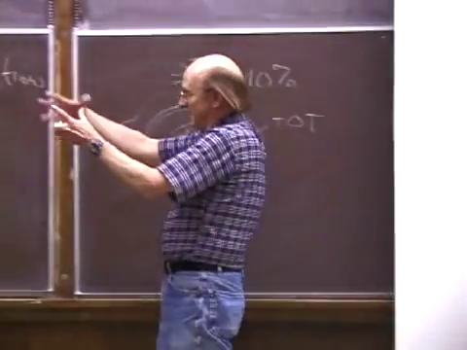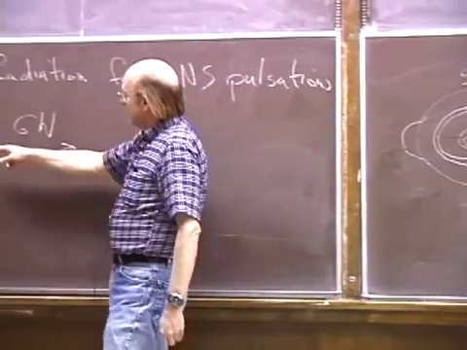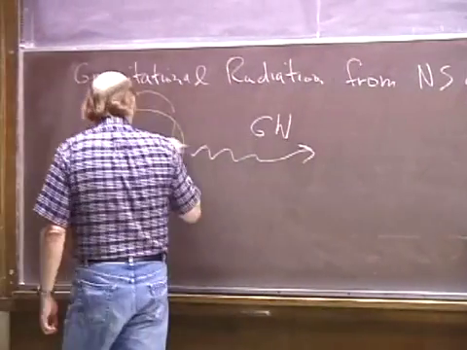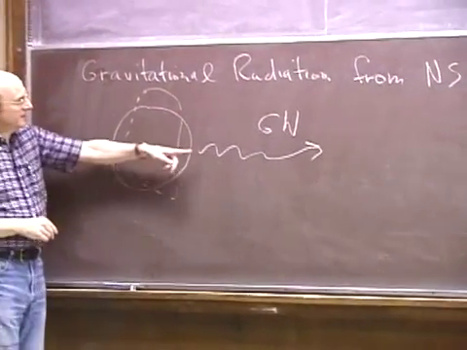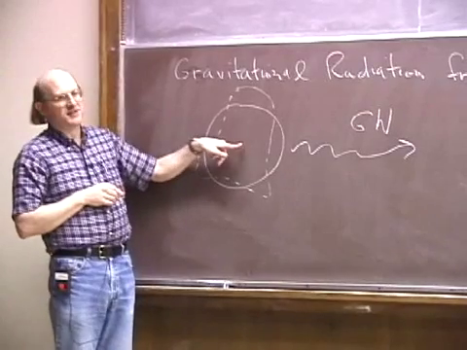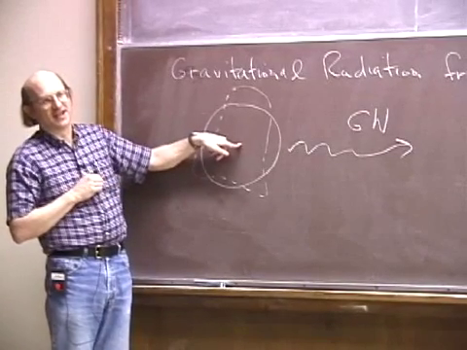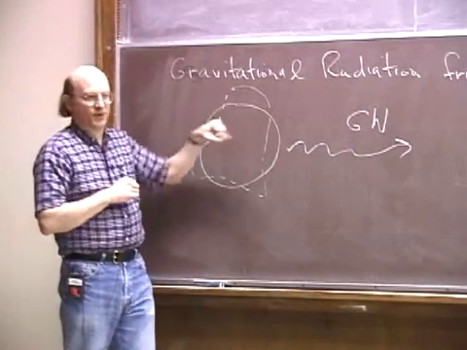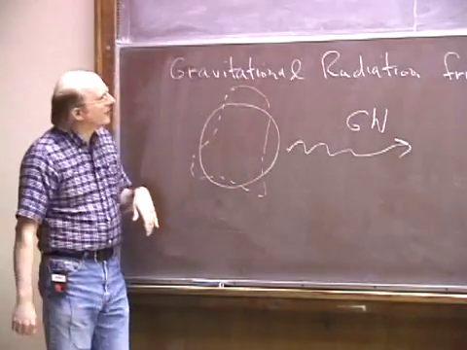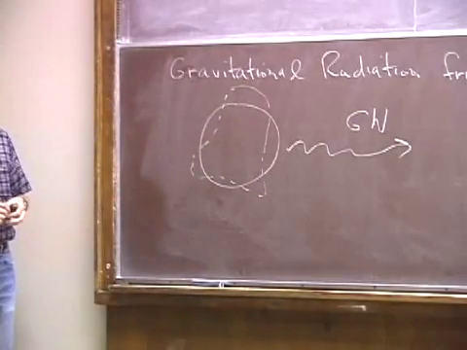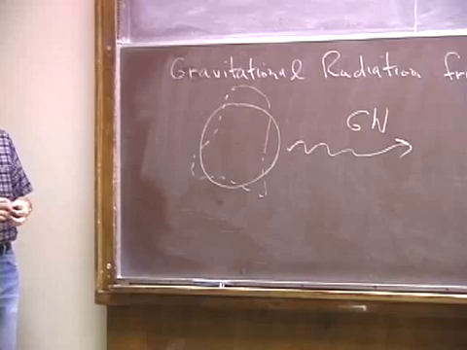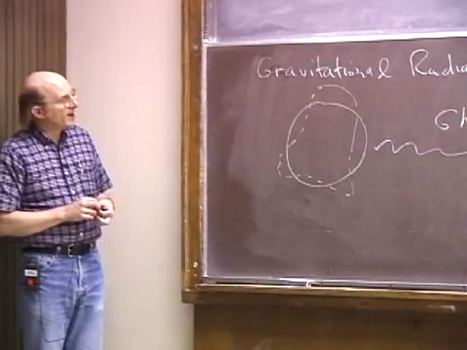So in most cases, if you take a neutron star and you excite an oscillation, it will emit gravitational radiation, but the gravitational radiation will just tend to damp the mode out, right? It'll take energy out of the mode and radiate it away to infinity. So the amplitude of the mode just goes down exponentially as you radiate the radiation away.